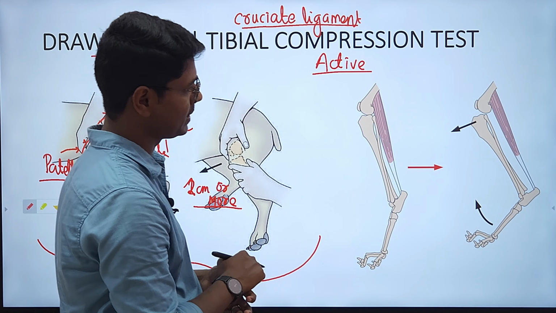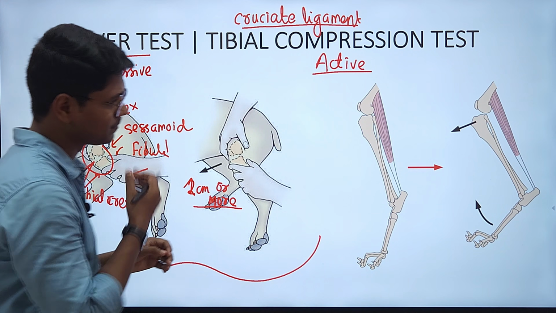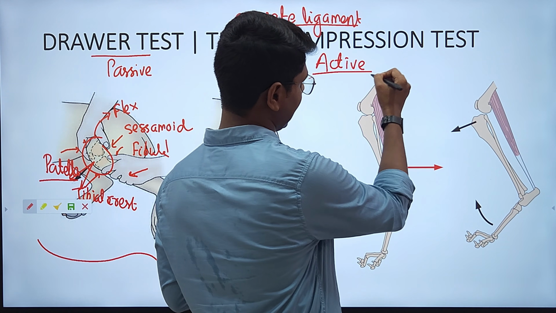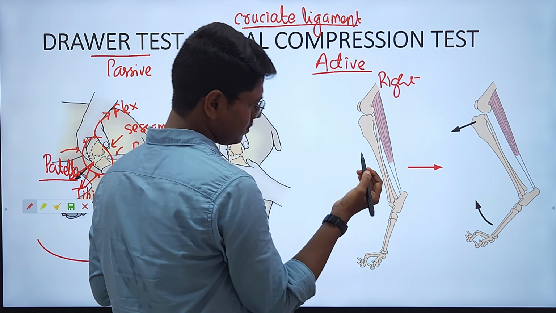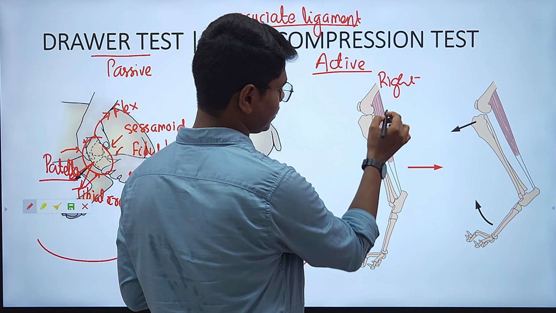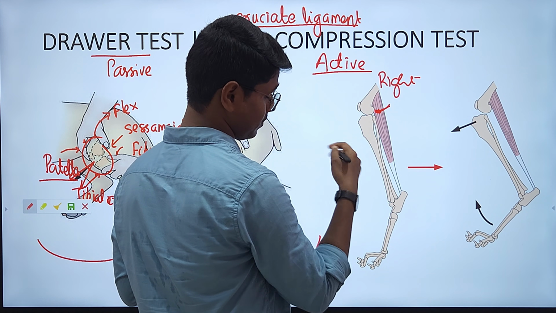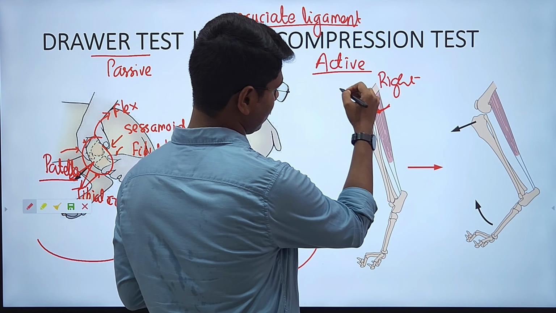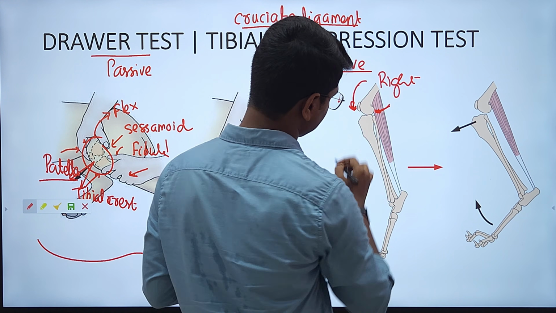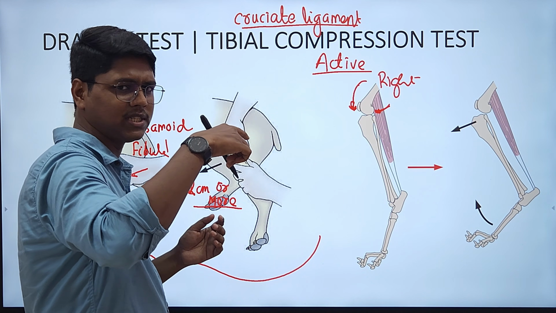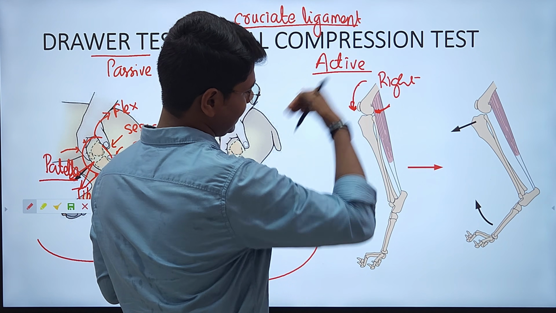Similarly, for the tibial compression test, you hold the limb just like this. On the right hand, fix the stifle joint, hold with the thumb behind the sesamoid, and the index finger over the patella, touching the tibial crest, with the rest of the fingers on the medial side.